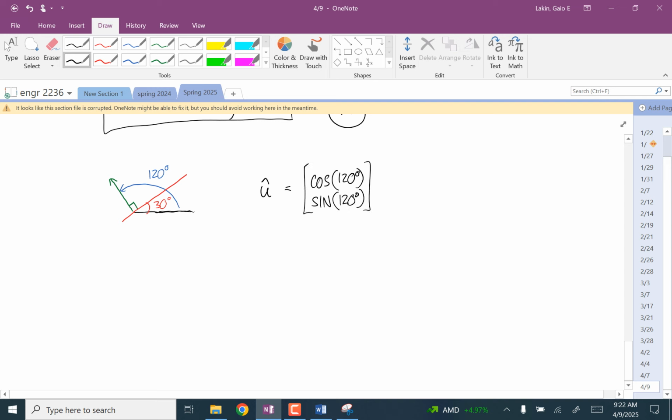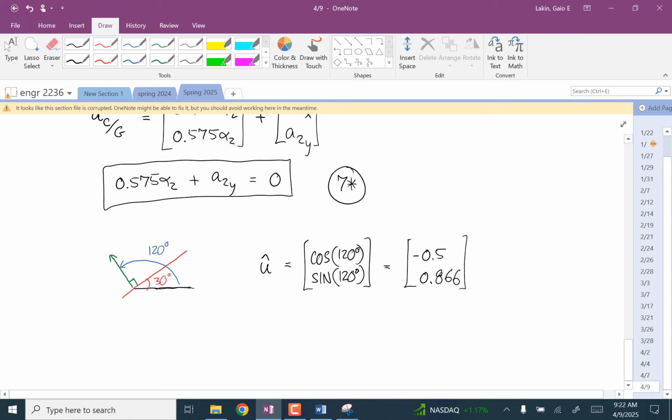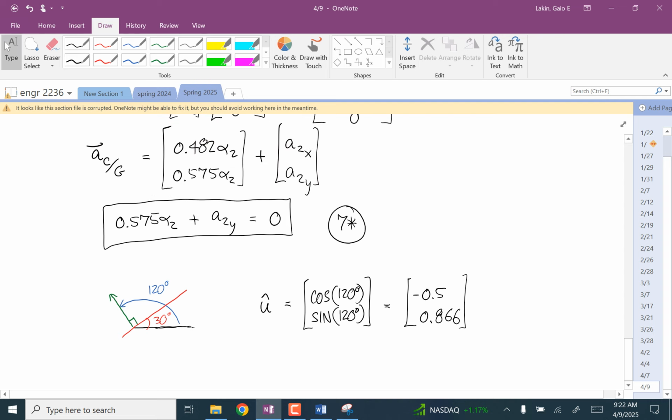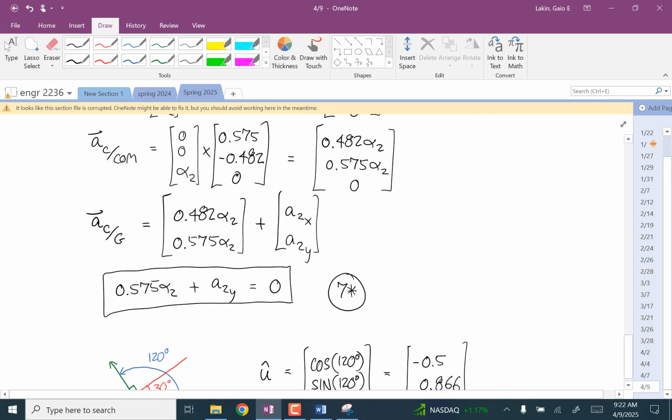Which I guess would be negative 0.5, positive 0.866. And then we take the dot product of this with the acceleration vector and set it equal to 0. Remember, the dot product of two vectors gives you a scalar.